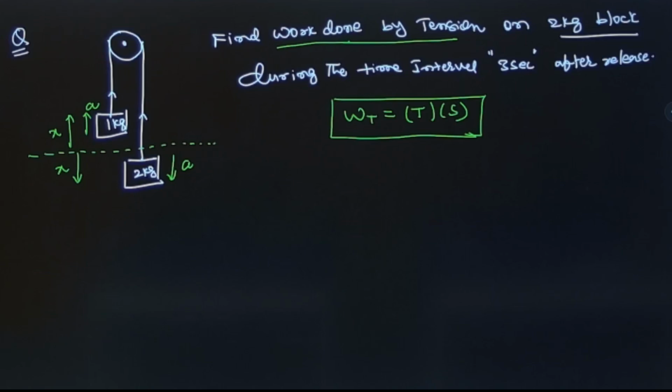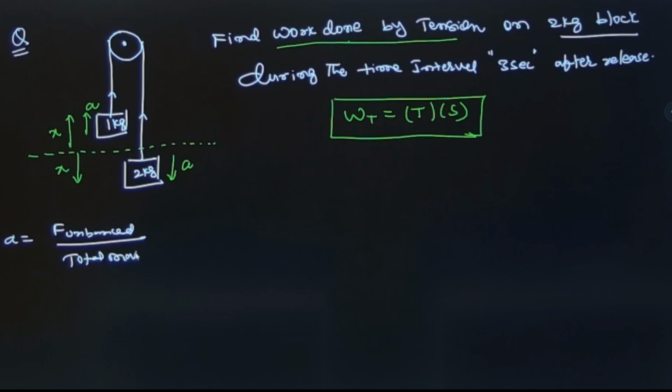Okay, so now let me find X, and also the tension. First of all, what is the acceleration? Acceleration a is equal to, as you already know, F unbalanced by total mass.